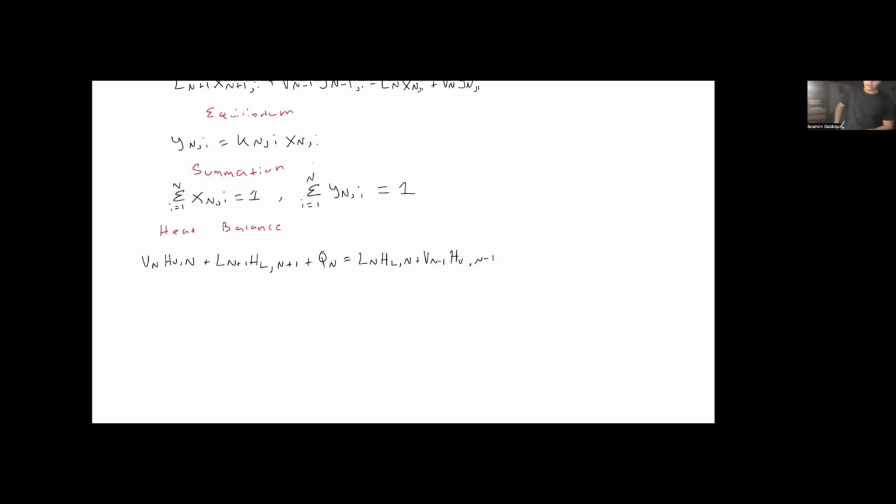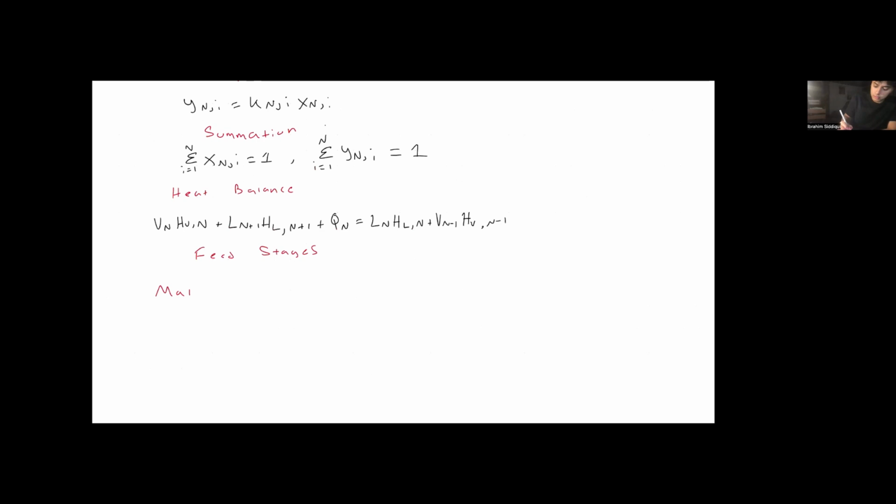Okay, so we can finally end this off with our feed stage, and our feed stage is essentially going to involve specifically our feed, as well as the composition of our feeds. So it's everything that's coming into our distillation column essentially. So with this, again, we're going to start with our material balance.